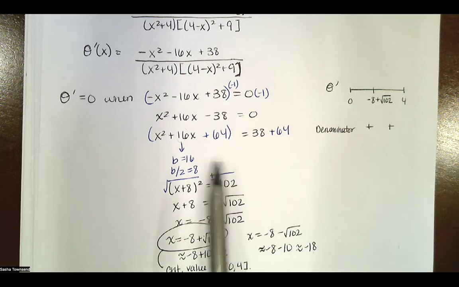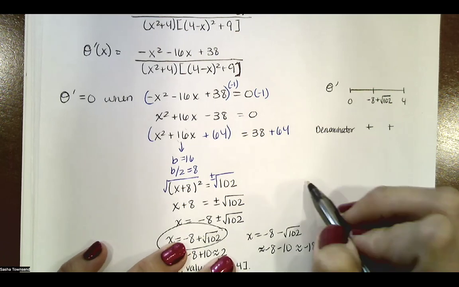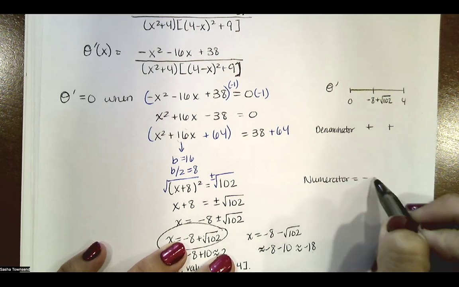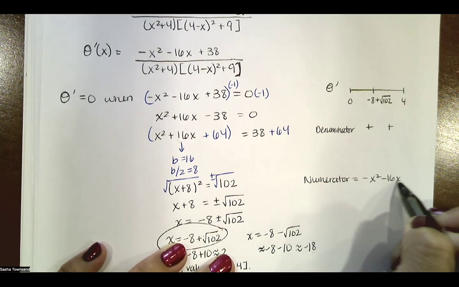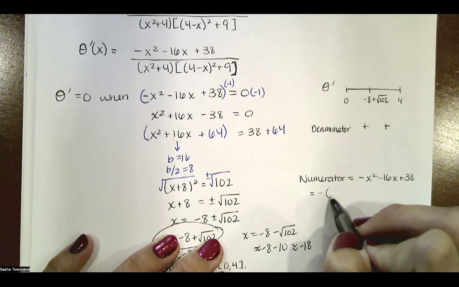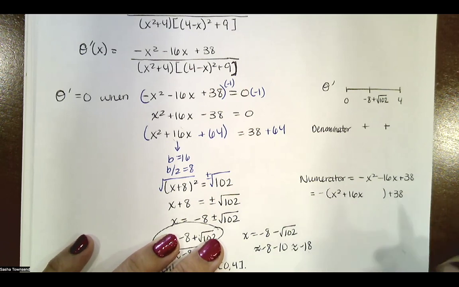We see that if we complete the square here, actually, let me just say the numerator is equal to this. This is what we get if we factor out the negative 1. We have that.